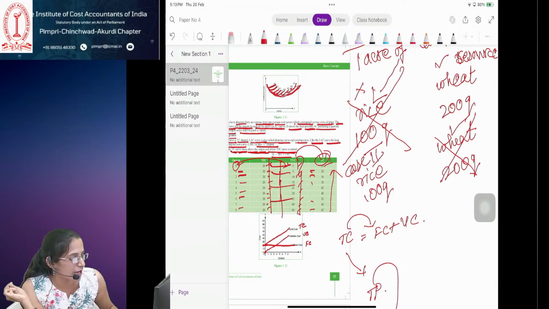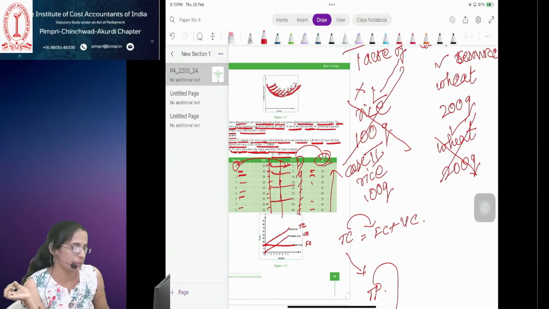Because I produced rice, I did not produce wheat on that 1 acre of land. So the opportunity cost of rice is 200 quintals of wheat, right? Right, ma'am. Now clear on the opportunity cost concept? Yes, ma'am. Any other doubt, Shraddha? No, ma'am. Okay, can we move forward?